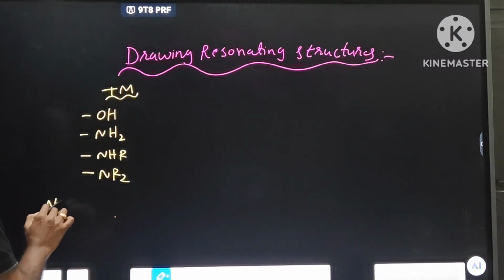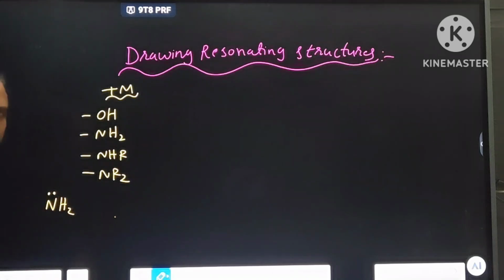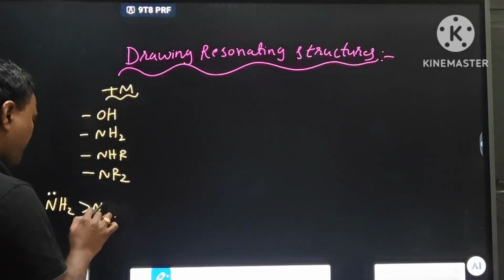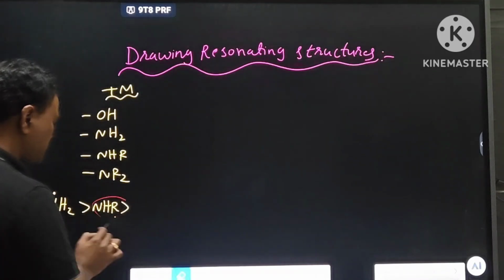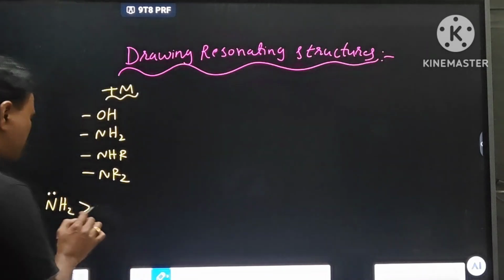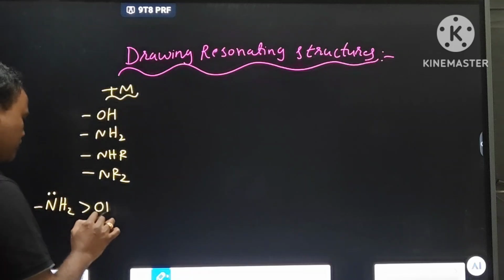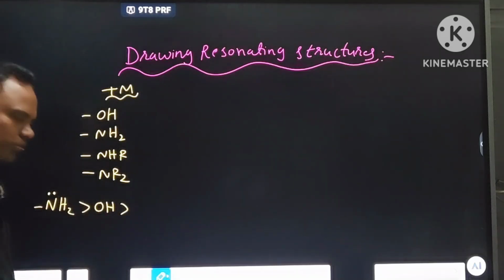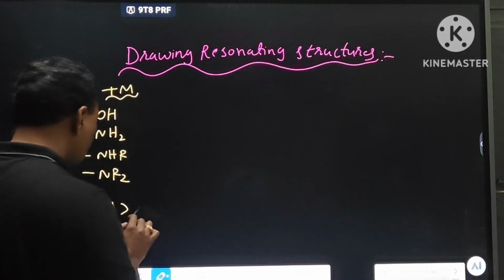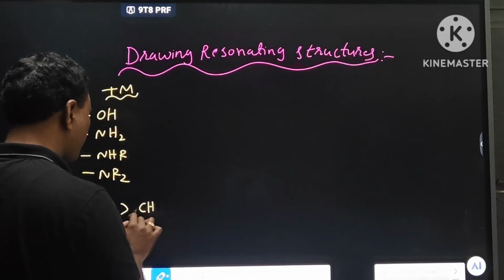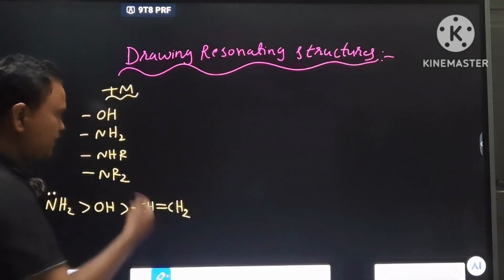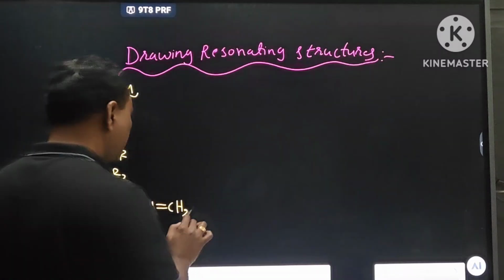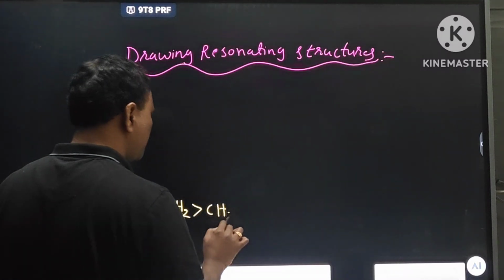Nitrogen NH2 is a strong plus M group. Next NHR, or simply you can just remember NH2, nitrogen, after that OH. After that, the double bond also has some plus M effect. I didn't include that, but just remember.